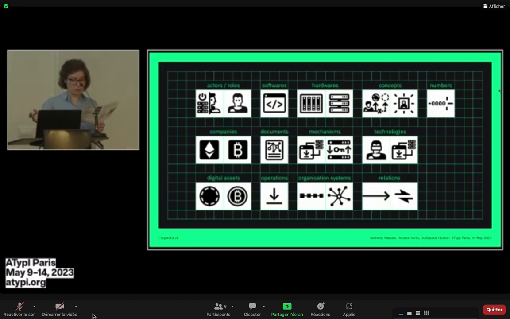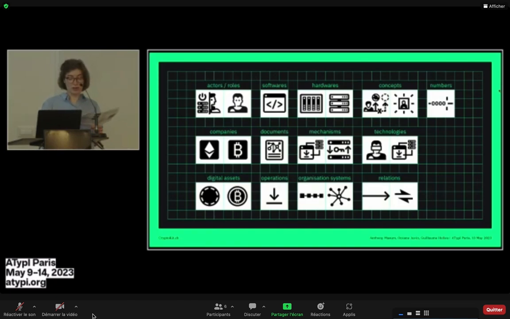So here you have 13 categories, and some of these elements were not drawn on the first list that Guillaume and Anthony gave me, but they were hidden behind some concepts, and it was discovered that it was important to represent them to explain blockchain technologies, like for example hardware that you can see on the top.